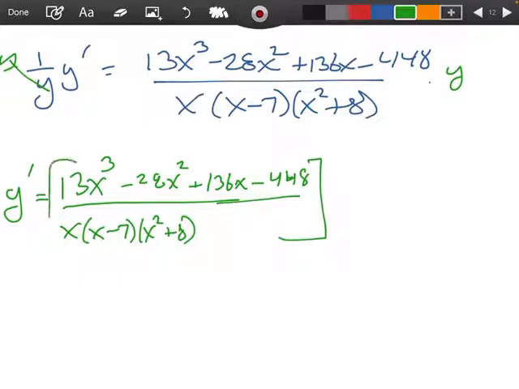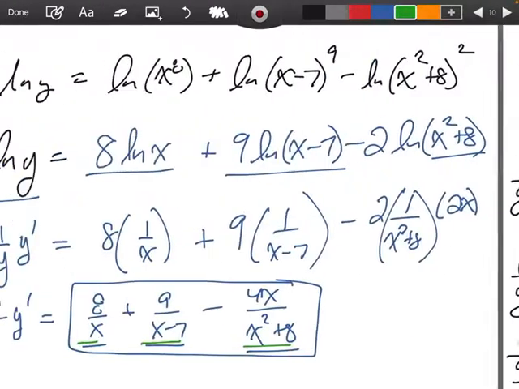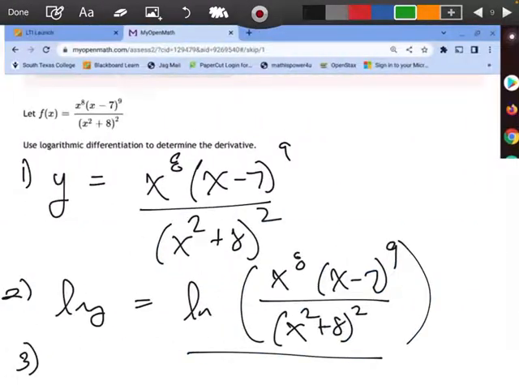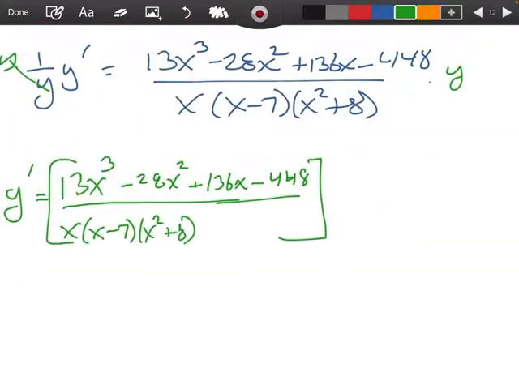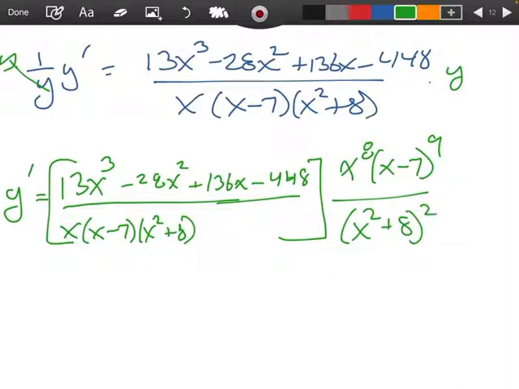Okay, all of this is being multiplied by whatever y was. So let's come back to the very beginning. Here was y, x to the 8th, x minus 7th to the 9th, all over x squared plus 8, all being squared.